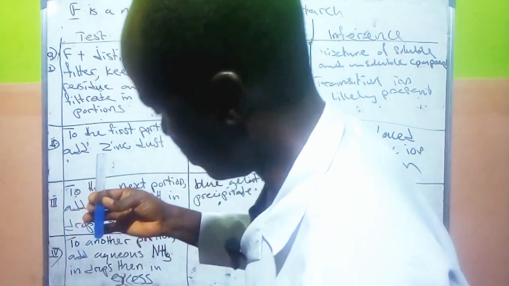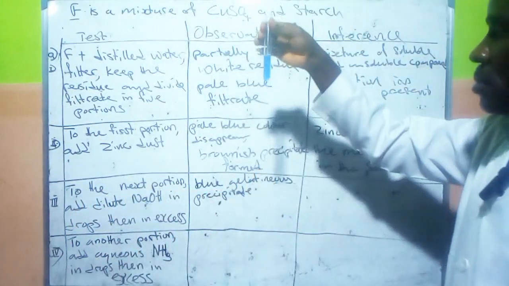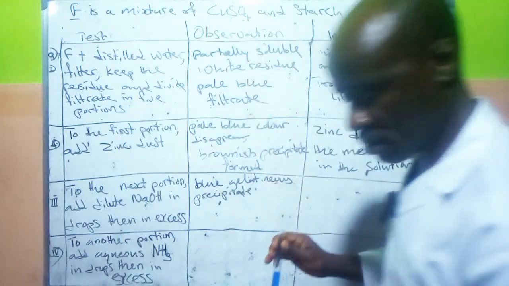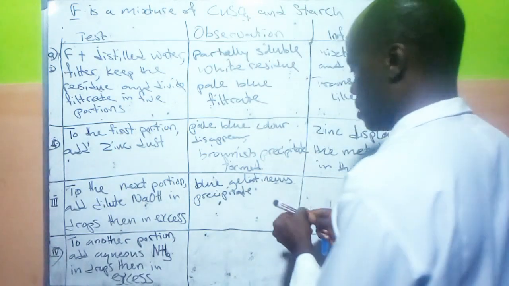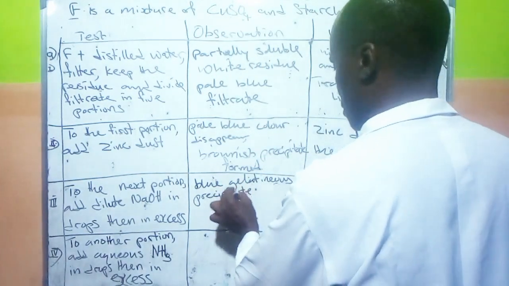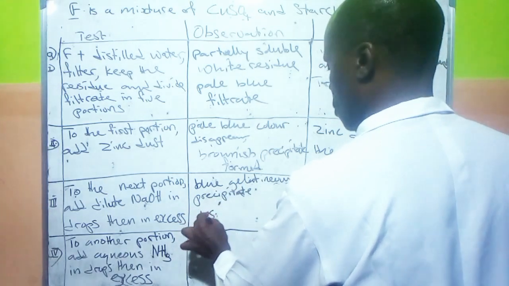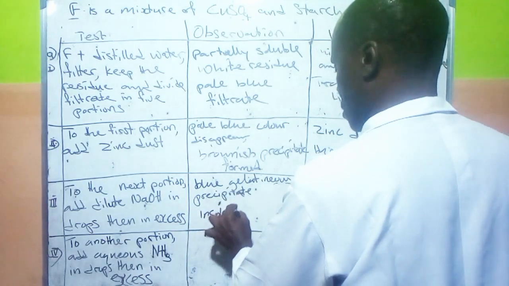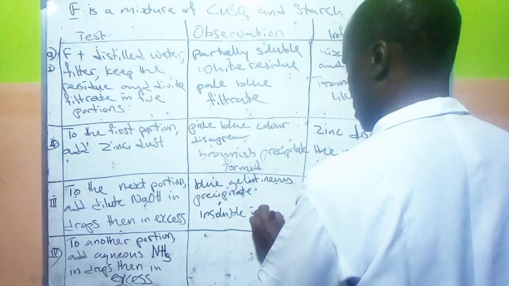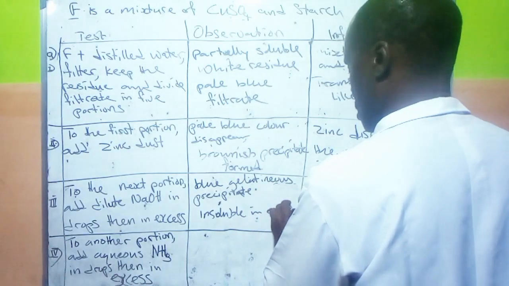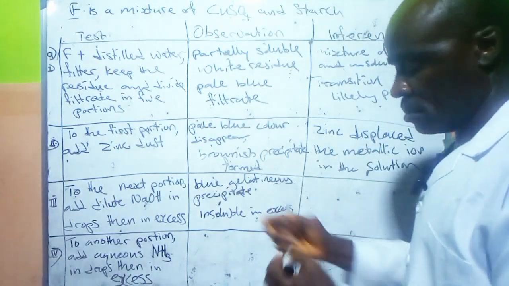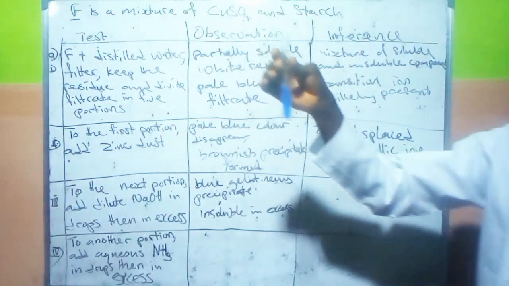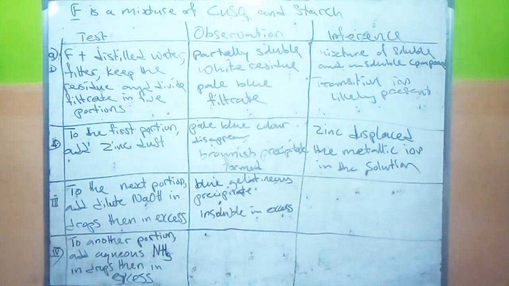You can see the precipitate is still insoluble. It is insoluble in excess sodium hydroxide.